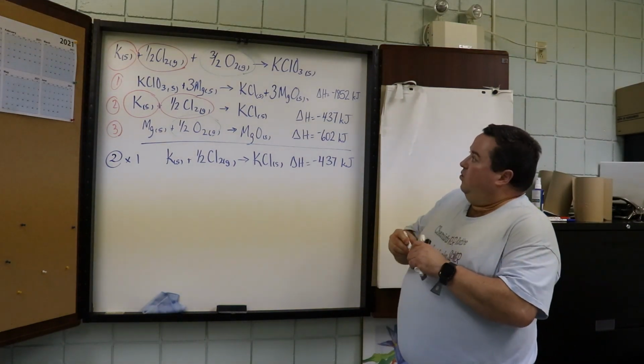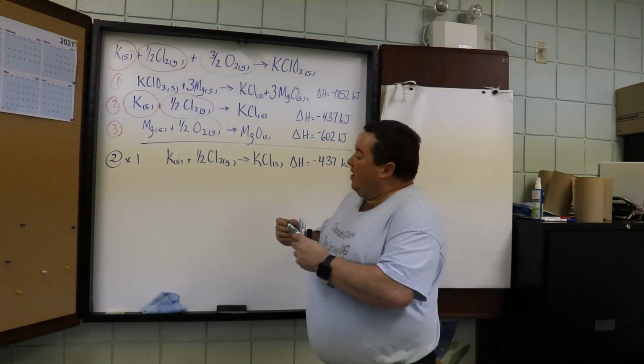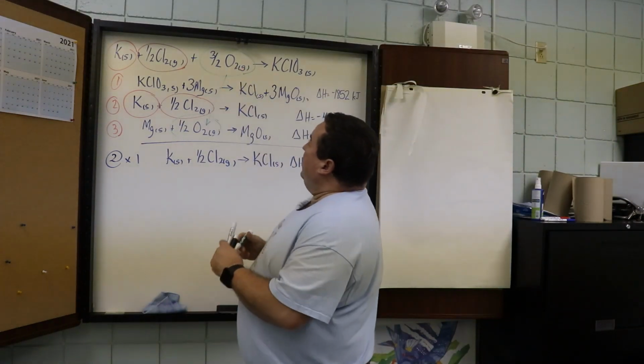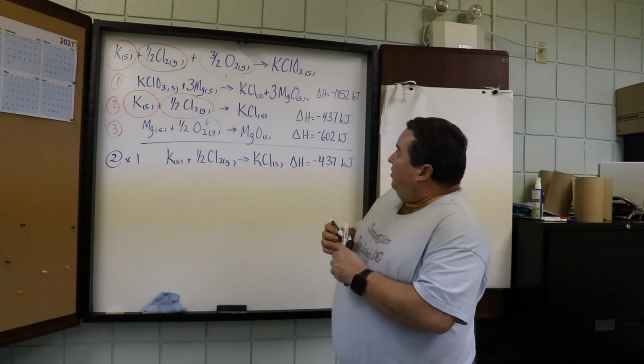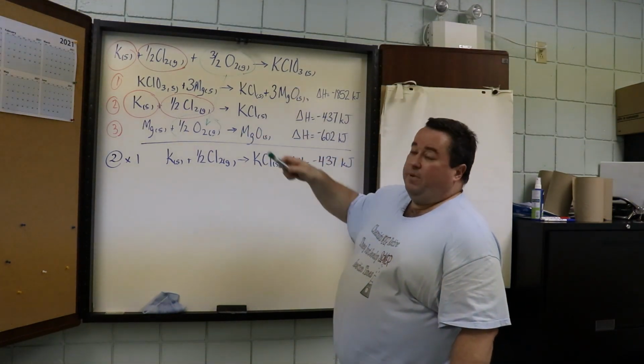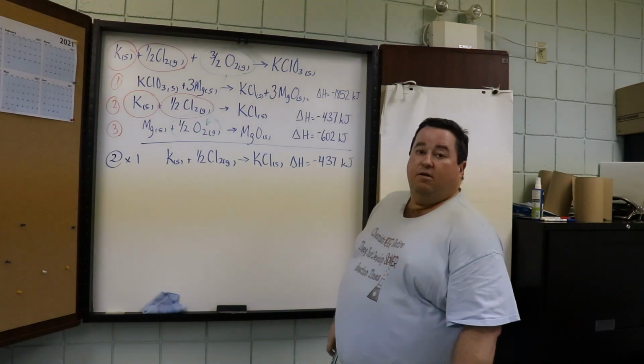Now, when I look at reaction number 3, the oxygen is on the correct side, but I don't have the correct number. In order to get 3/2 oxygen in my final reaction, I need to multiply equation 3 by 3.